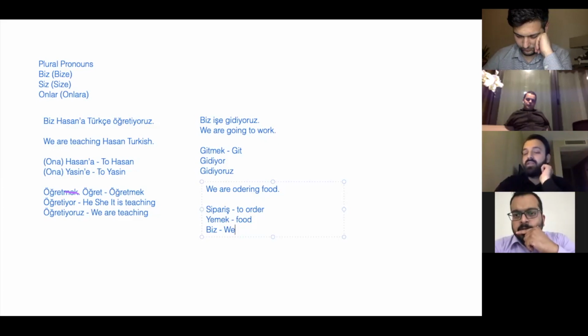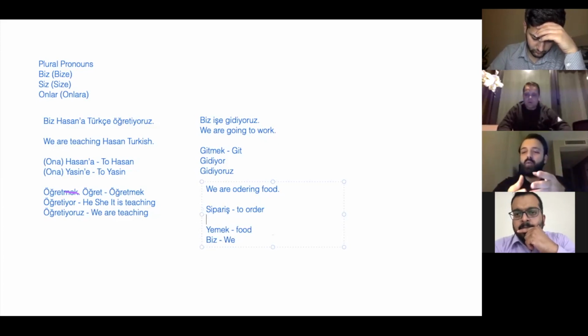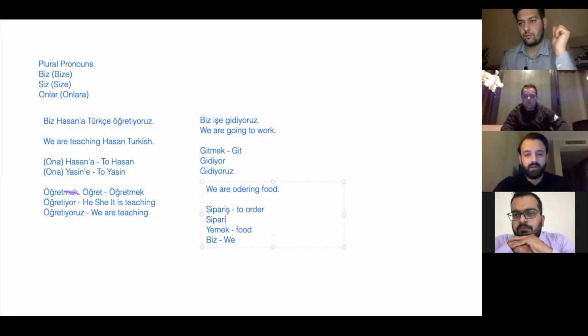The thing is, with this sentence, let me do this and then maybe you can have a better understanding. So sipariş. The other verbs that we had were öğretmek. So why is this verb not siparişmek, right? The thing is, there are certain words, and I don't necessarily know. Hold up. Sipariş etmek, or sipariş vermek.